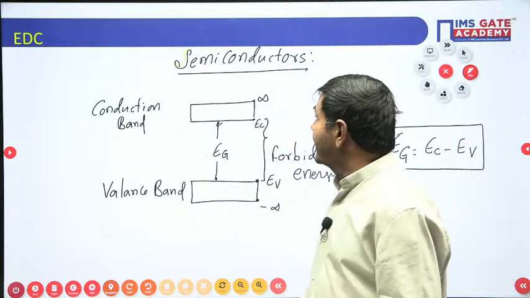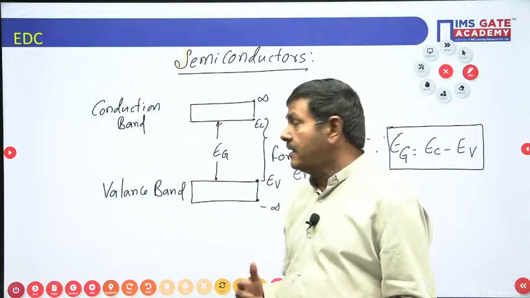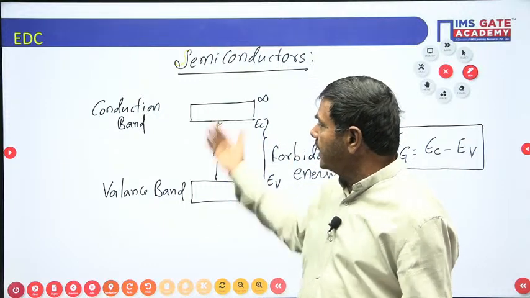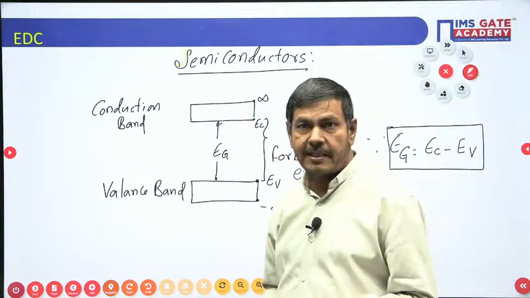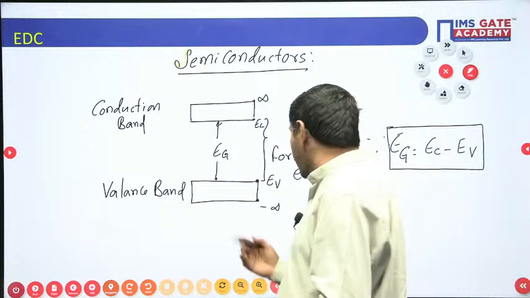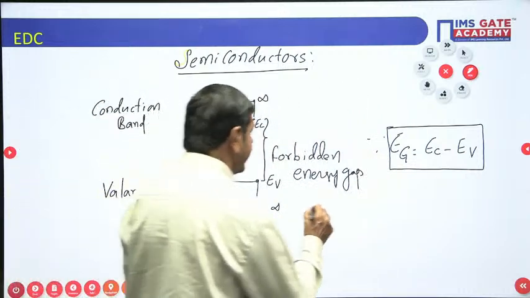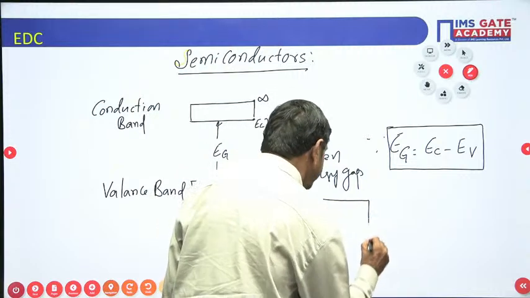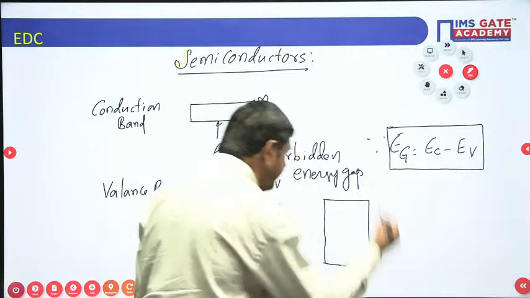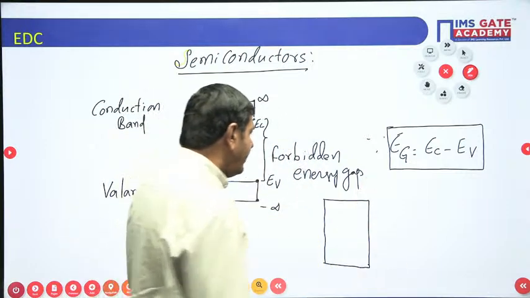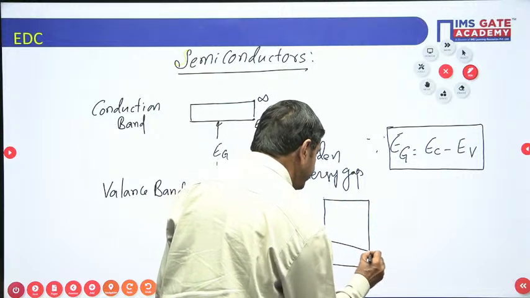What about the conductor? If you have taken the conductor, we can't find any forbidden energy gap. The gap is wide in the insulating material. If you have taken the conductors, the band will be drawn in this way. From this point to this point, I have taken the conduction band.